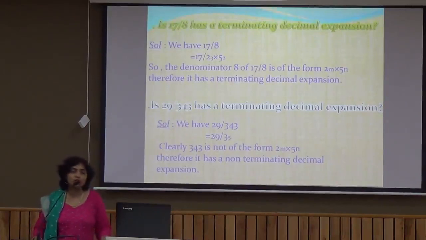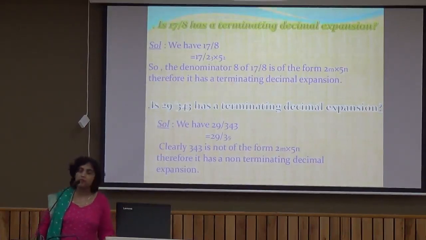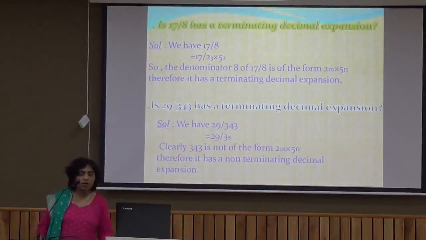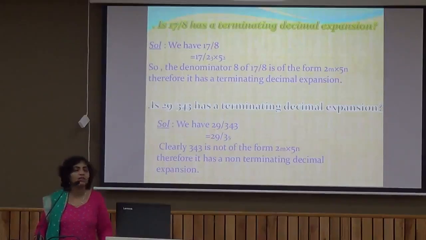So it is a terminating decimal expansion. Let's see another example, 29 upon 343. Now 343 is 7 raised to power 3. So there is no factor like 2 or 5, but another factor. So its decimal expansion would be non-terminating, repeating.